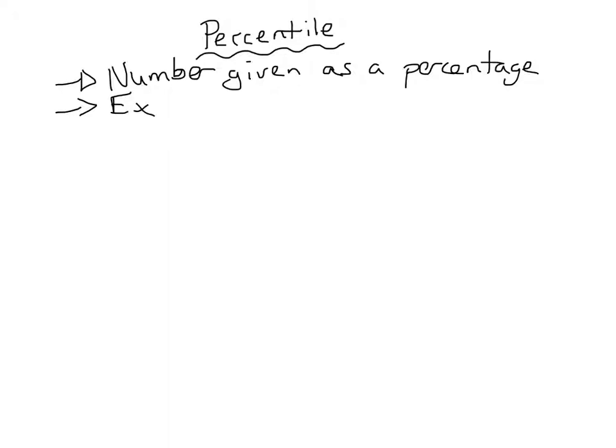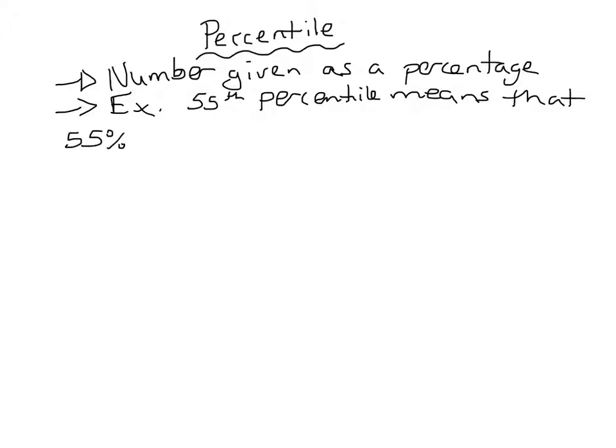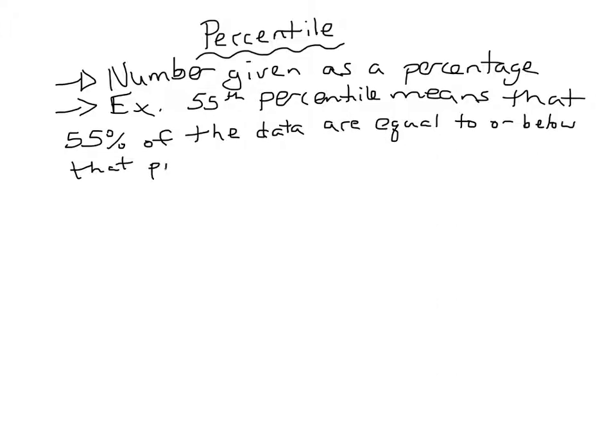For example, if you are in the 55th percentile, so 55th percentile means that 55% of people or data or whatever we're looking at, so I'm going to just say of the data, are equal to or below that piece of data, that number.